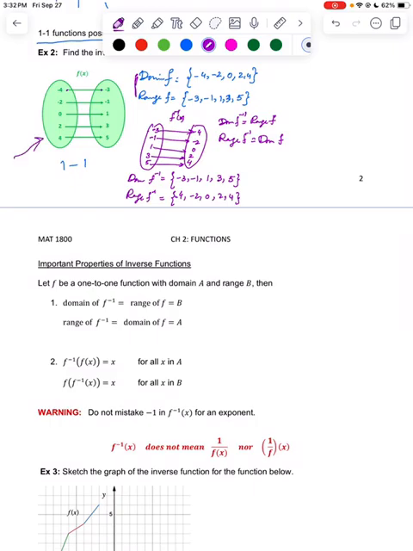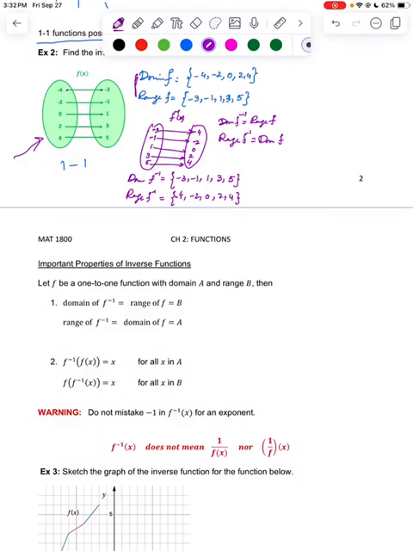And in this last example, we discovered that the domain of f is the range of f inverse, and the range of f is the domain of f inverse. So they get interchanged because the x and the y get interchanged.